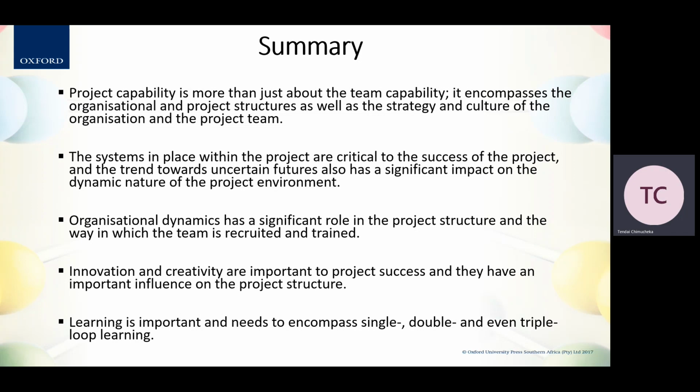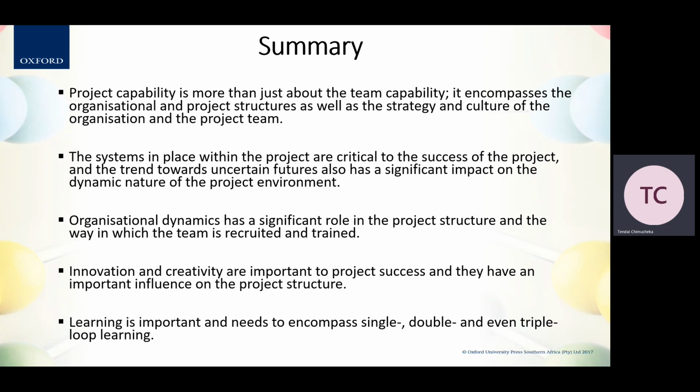And that takes us to the summary, where we are basically saying project capability is more than just about the team capability. It encompasses the organizational and project structures, as well as the strategy and culture of the organization and the project team. The systems in place within the project are critical to the success of the project, and the trend towards uncertain futures also has a significant impact on the dynamic nature of the project environment.